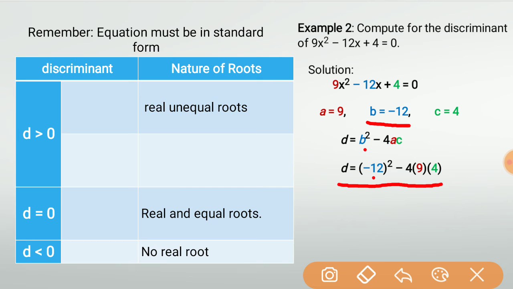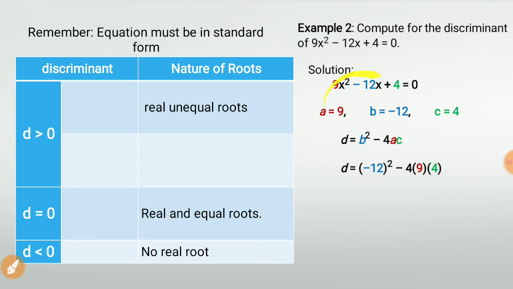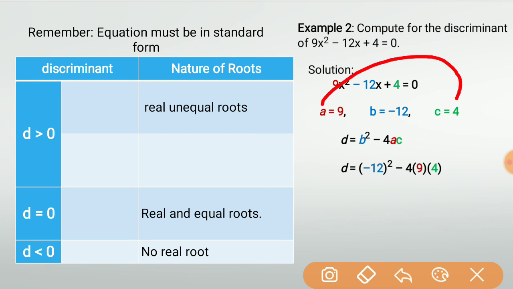Then we have minus 4ac, so I'll take minus 4. A and C are 9 and 4, so I'll substitute the values of A and C in their places.